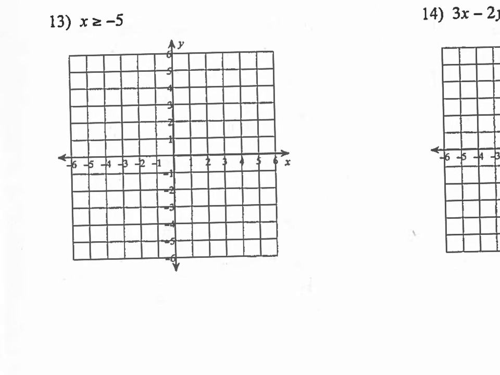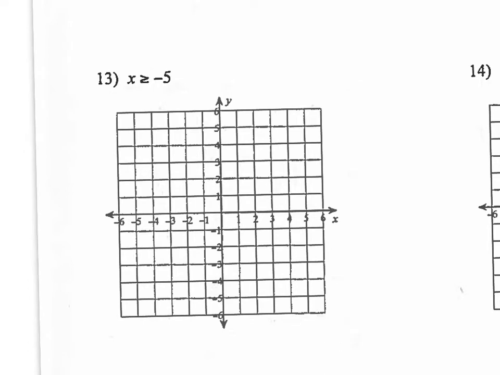Number 13, this is going to be a weird line because it's just x. There's no y in this inequality. So where is x equal to -5? Well, -5 on the x-axis would be right here. And x is also equal to -5 down here, or up here, or all the way up there. This is going to be an up and down line. And it needs to be a solid line because it's equal to.